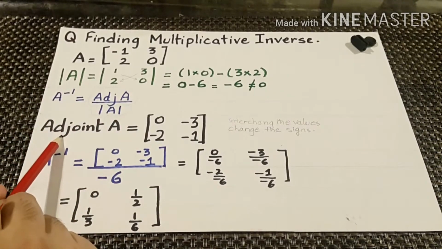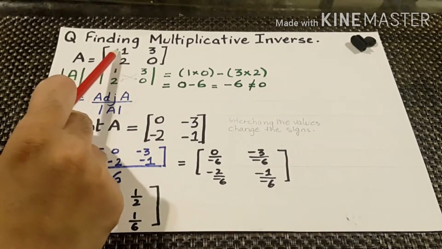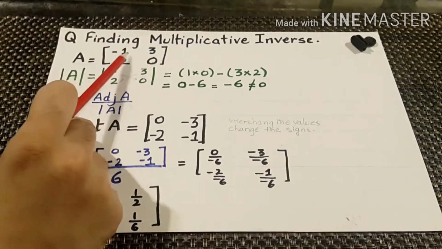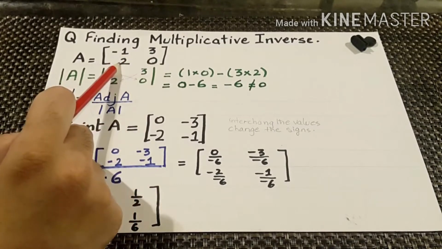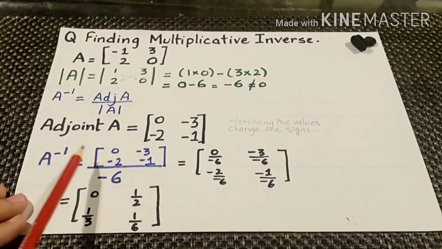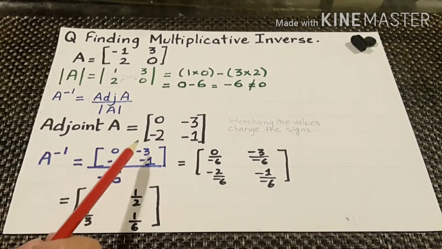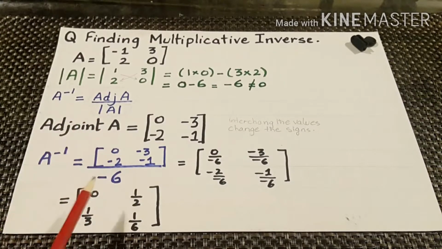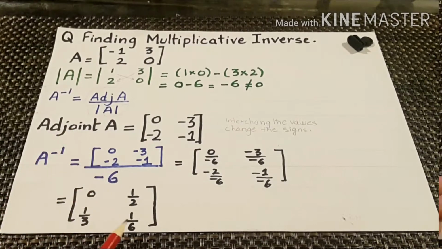How we find the adjoint? We interchange these values over here and we change the signs of these values. So we get the adjoint, then we substitute in the formula and we get the answer matrix for the A inverse. So hope you have understood this.